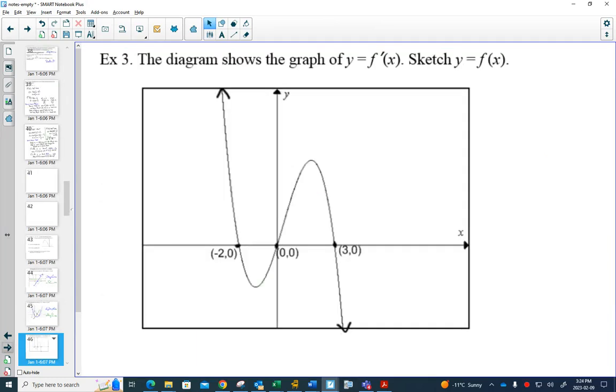Example 3. This is the derivative graph. We need to find the original graph. If this is the derivative graph, what values do I have on my number line for the derivative?